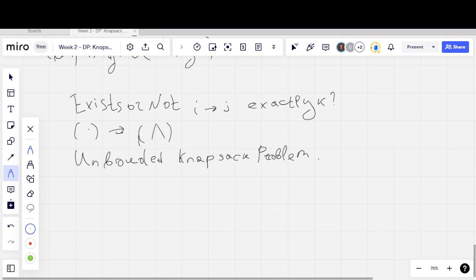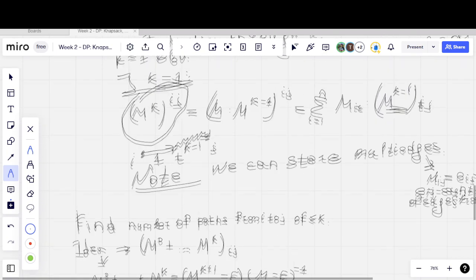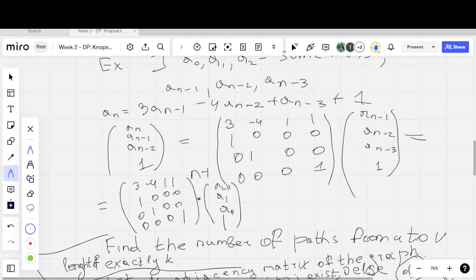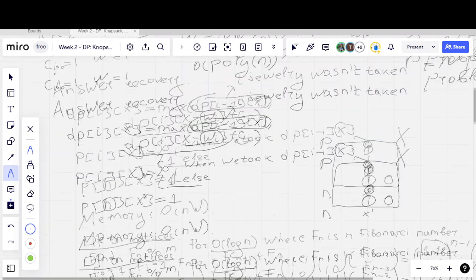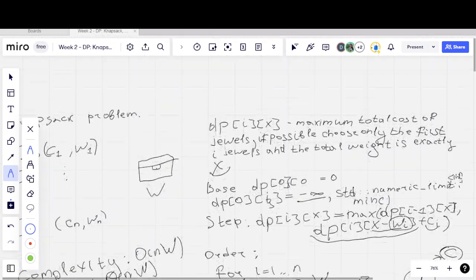So in this problem you're given a set of items, each with weight and cost, and a knapsack with maximum weight capacity.